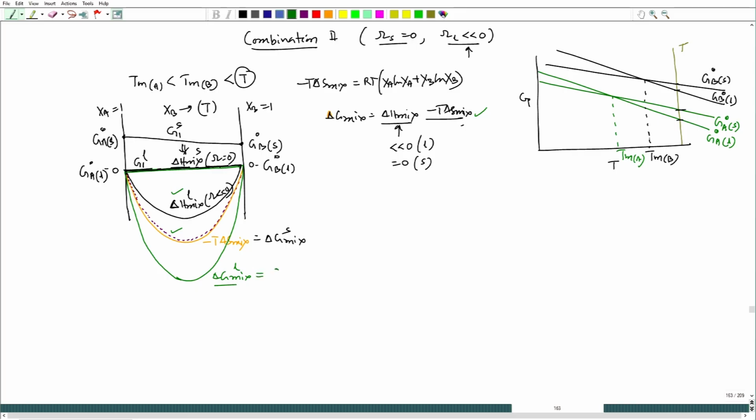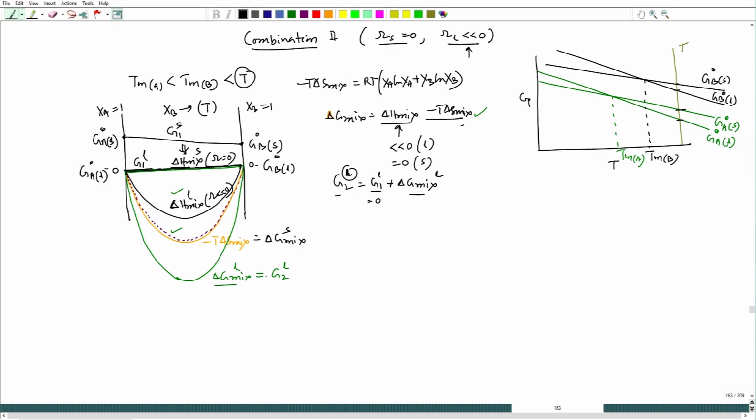So, this should be nothing but G2 liquid, because I see that G1 liquid is at the 0 position. Since we know that G2 equals G1 plus delta G mix, and G1 in this case for liquid is 0, G2 for liquid would be equal to this.